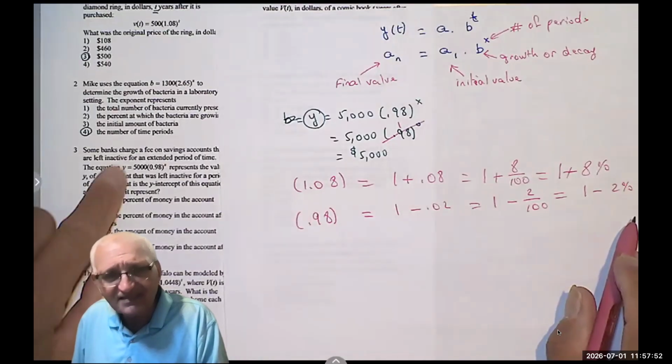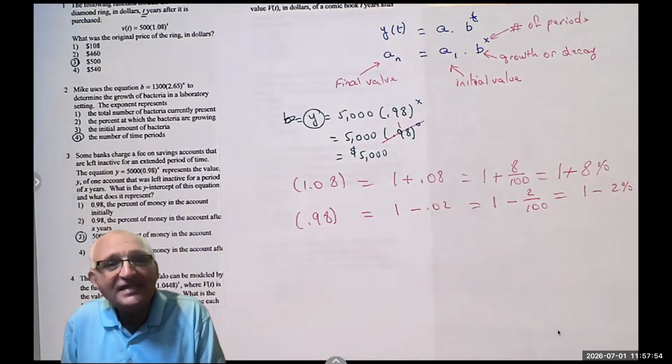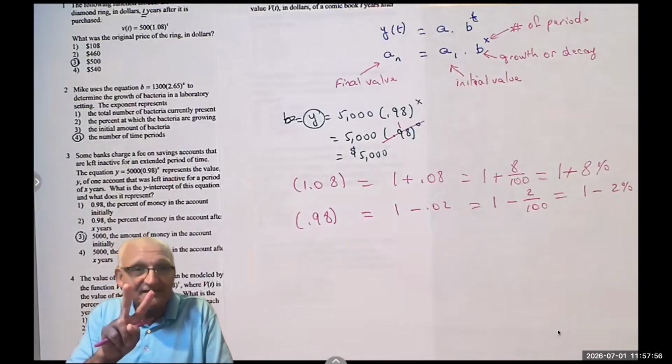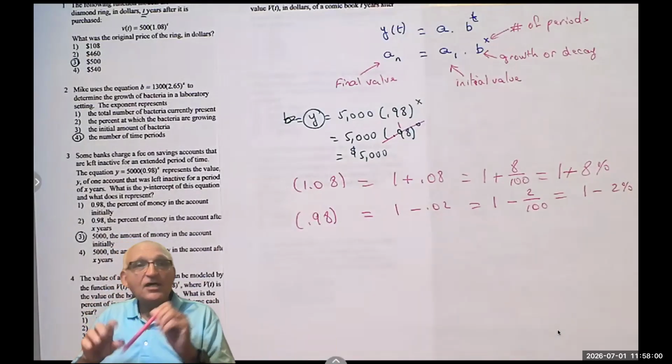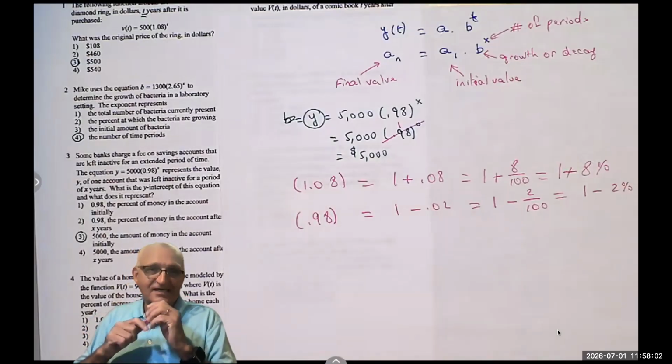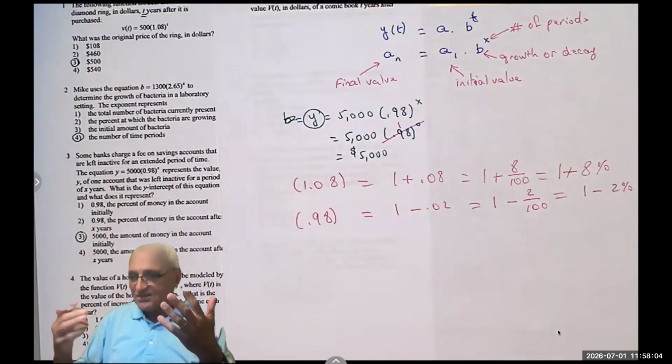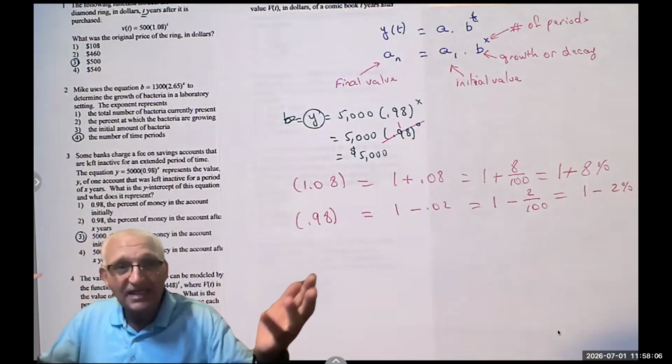And now that it makes sense, the bank is penalizing you 2% on the amount you have in your account, 2% for not using the account. Okay, they are just servicing it and you are not making any use of it.